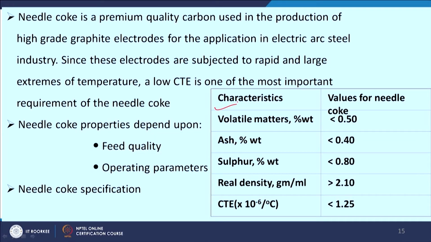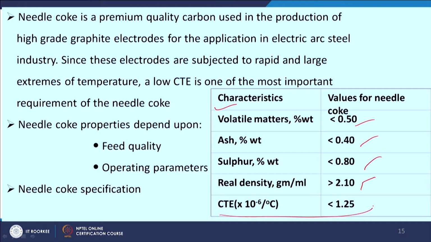So, you see the characteristics of needle coke. Volatile matter is less than 0.50%, ash content is less than 4%, sulfur is less than 0.8%, and density is greater than 2, around 2.1 gram per ml.